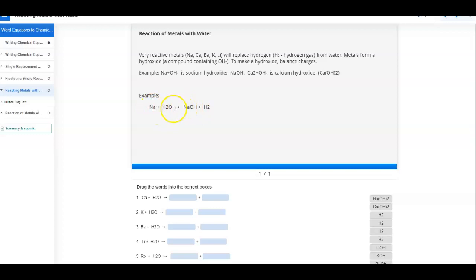So whenever a metal reacts with water, the base of that metal is produced. That means the metal plus OH is always the product in addition to hydrogen. So use that similar example to complete that. So that will be all we have to do on this lesson activity.